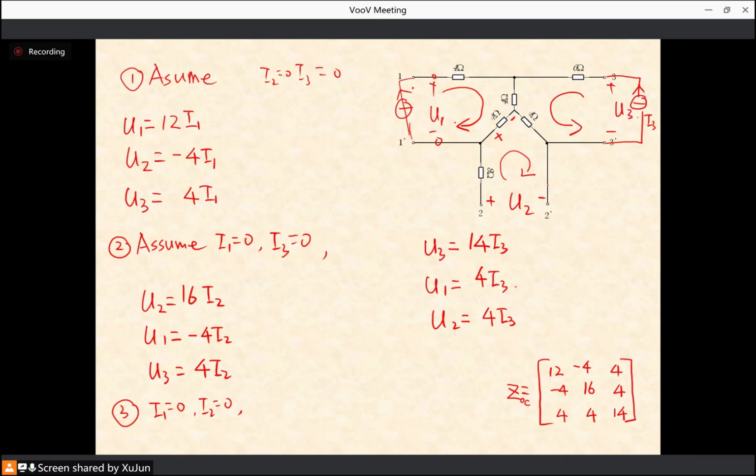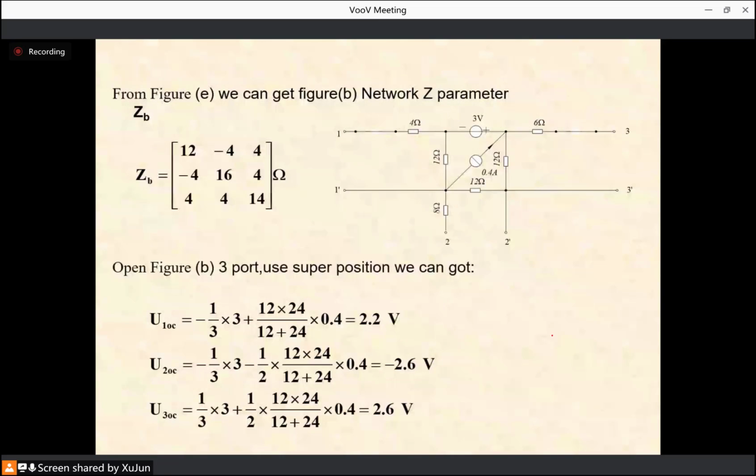So the first step is to calculate the GOC, and we know this network is active. U equals GOC I plus UOC. We need to calculate the UOC also. Now we calculate the UOC. This is GOC for this network.